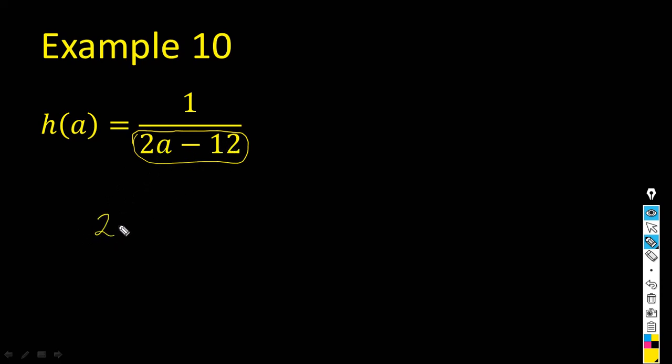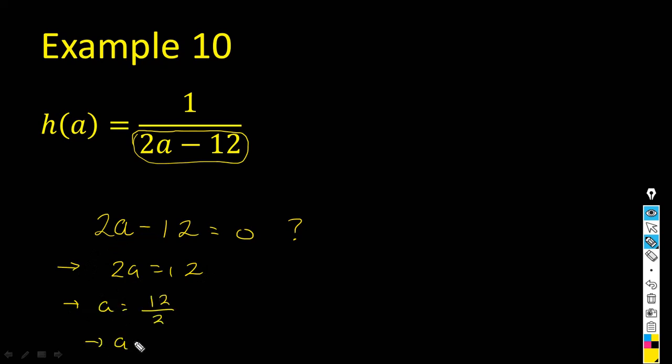So the way in which we set that question is this. I'm asking a question, okay? For what value of a is all of this equal to 0? And let's solve it. Okay, for a equals 6.